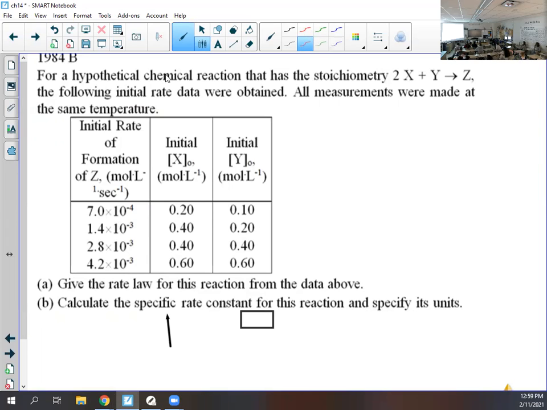Yes, Judah. For the rate, you just choose any two, like rate 1, rate 2. Can you just choose any two from the rates to get the rate law? The answer is yes, but if we're going to do it easy, it helps to pick the correct two. Like there are some that are easy, some that are harder.